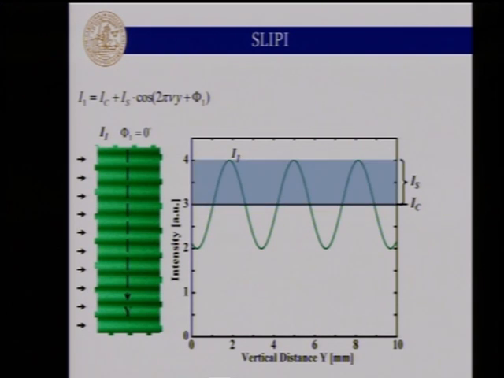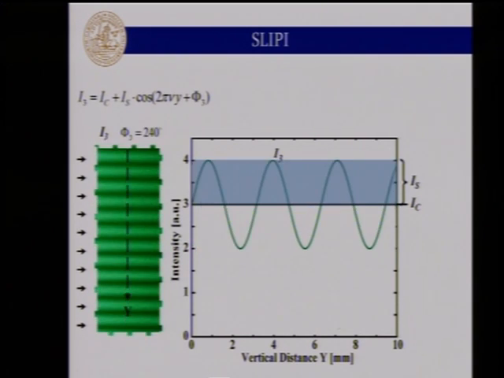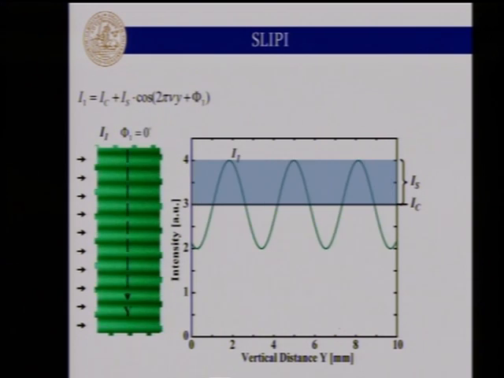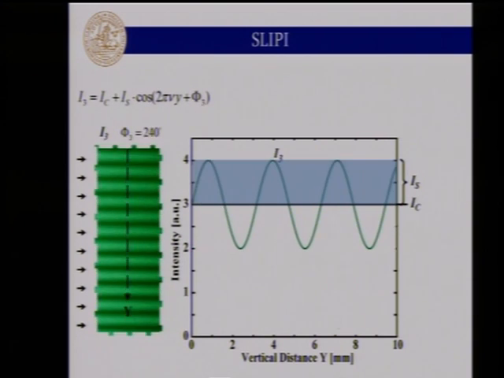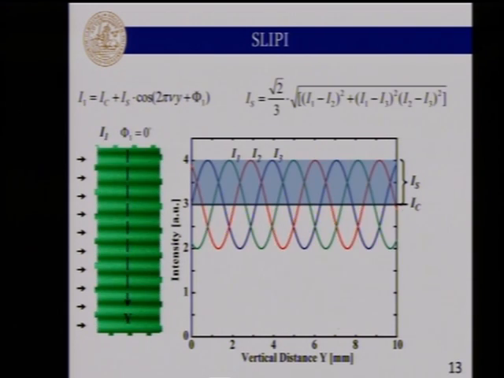You need to shift the line structures, as you can see, by 1/3 of the spatial period, and record 3 images. From those 3, you sum up the absolute values of the differences between each pair using this equation, and then you will extract your IS component, the amplitude of the modulation.